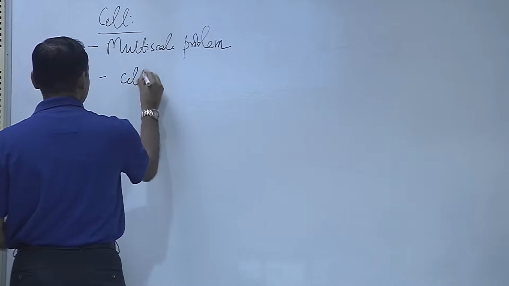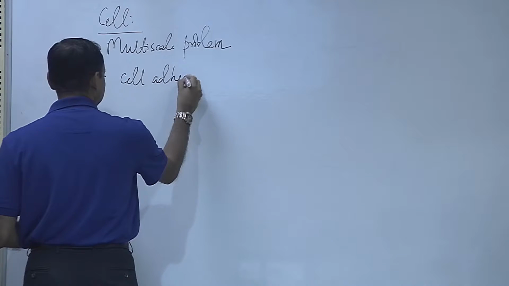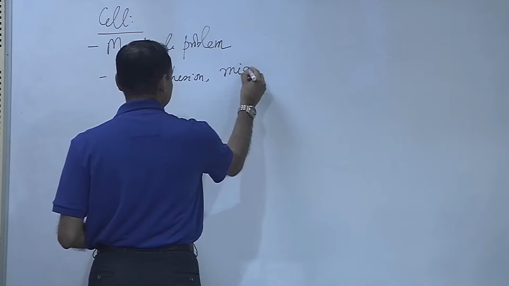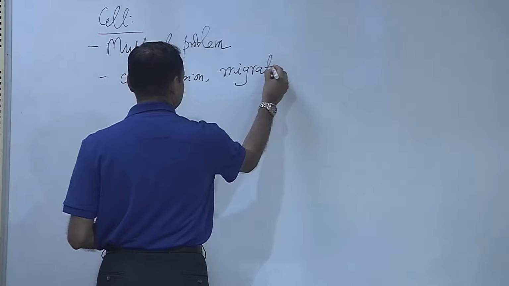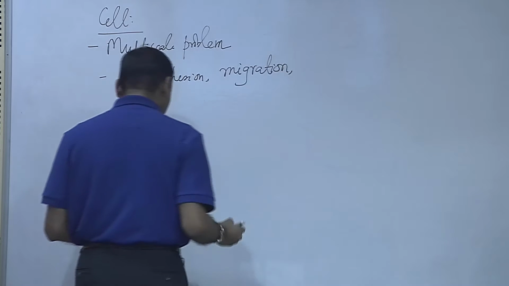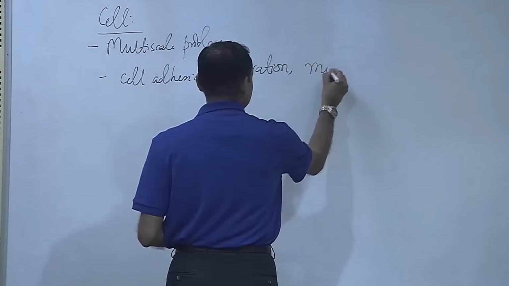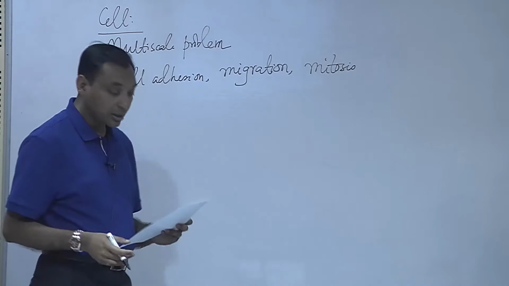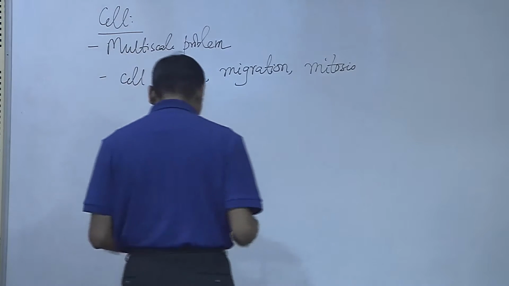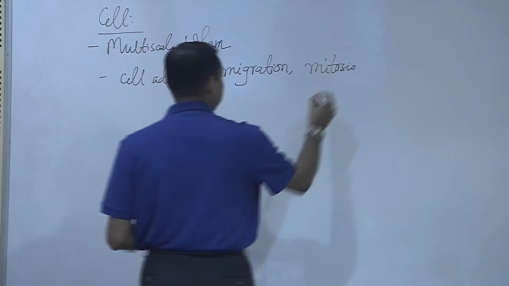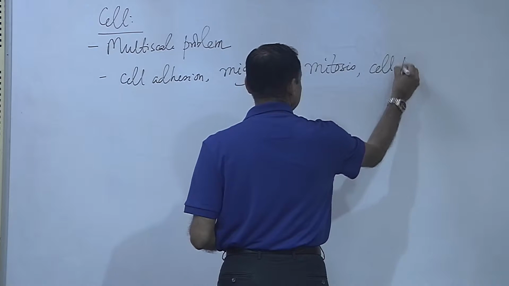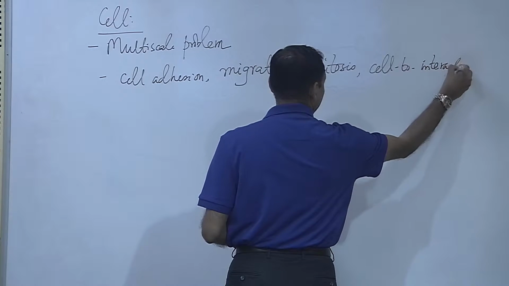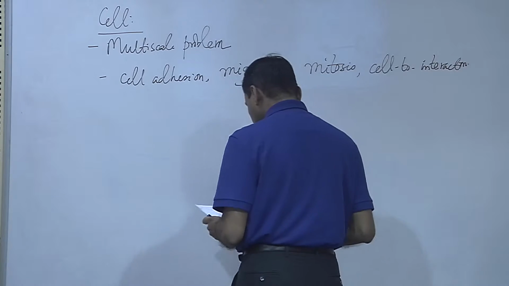There could be cell adhesion, there could be migration, there could be mitosis, which is the breaking of the cell nucleus into identical sets of chromosomes, and cell to cell interaction. So all these are at various scales.